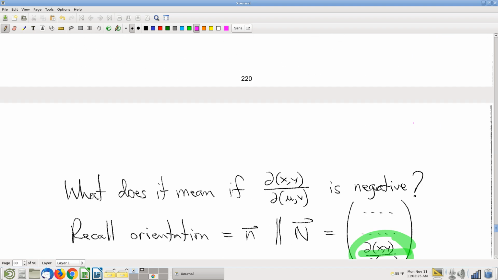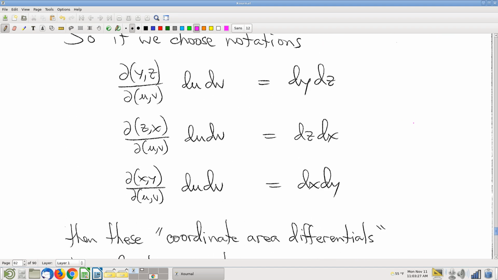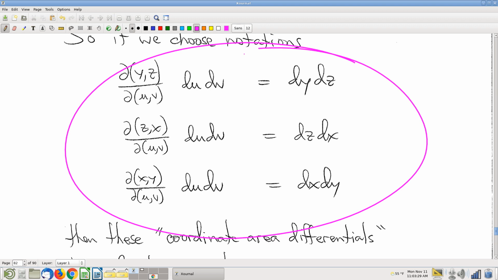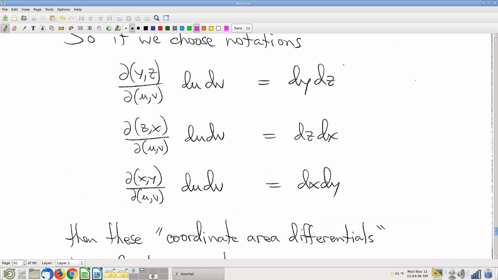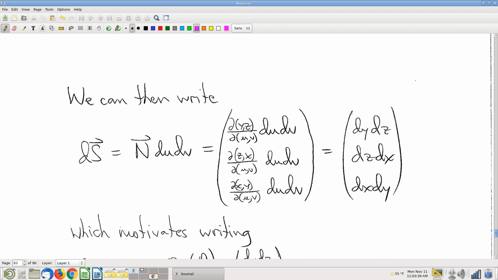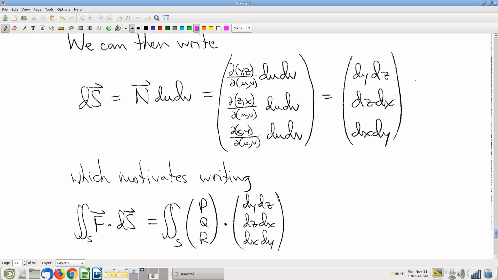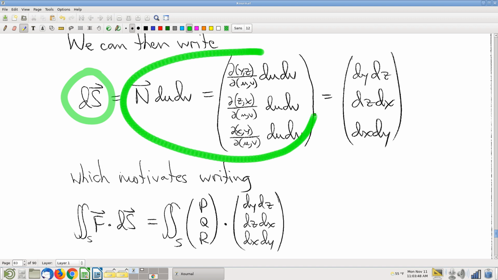Well, now we're prepared to do that with our ds vector. We now have names for its coordinates. Here's how that plays out. There's the old notation that we used for the ds vector, and the old formulas for how to compute it when it comes time.